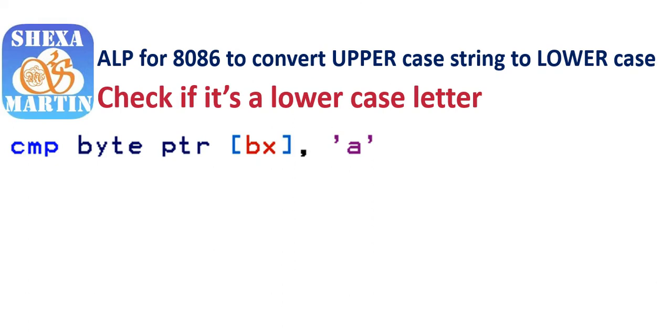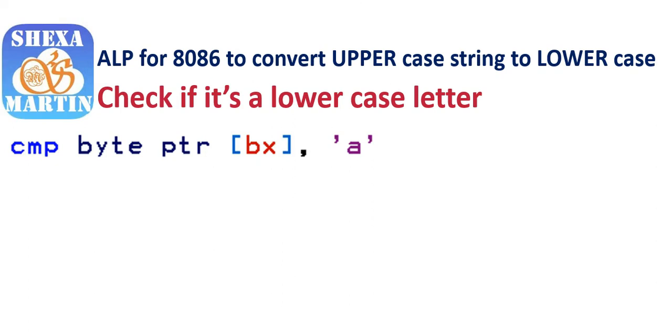Byte ptr is just telling us that the size of the data that we're going to get at this address is of size byte. It's not special, it's not complicated. Whatever value we get at this memory address is of size byte.